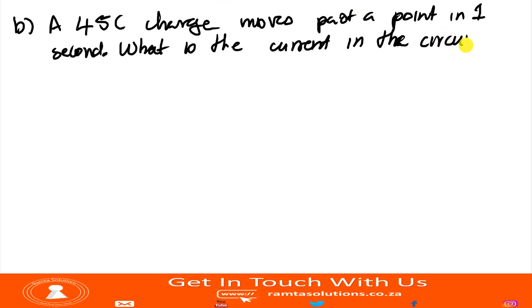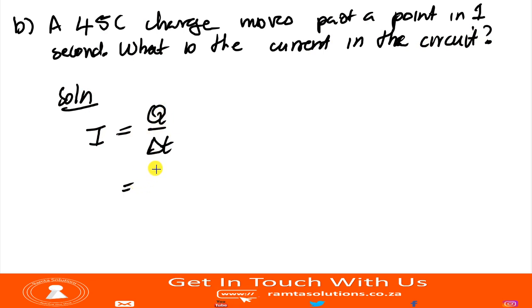Our solution: we are given charge and we are given time. So this is current I equals Q over delta T. What is Q, which is charge? It's 45 coulombs. And what is time? The time is 1 second. Therefore, the current flowing is 45 amperes.